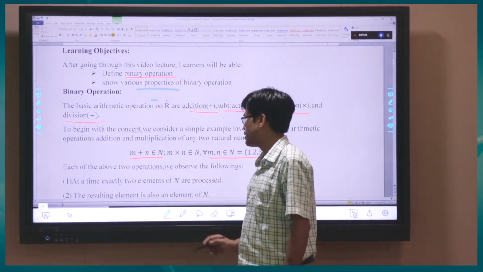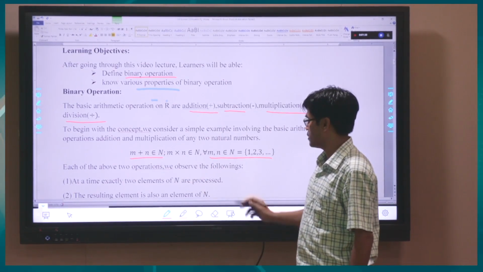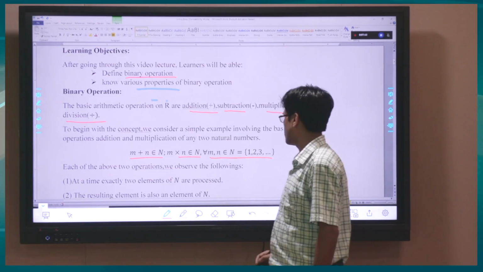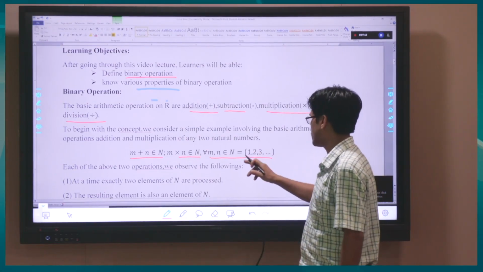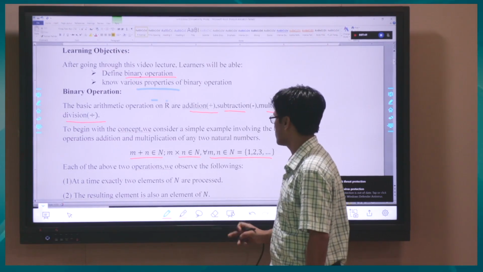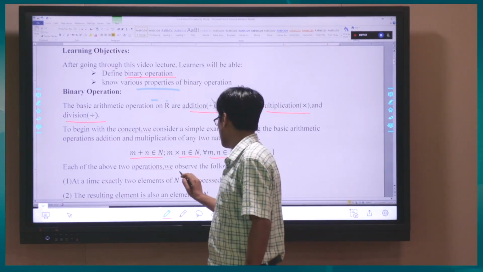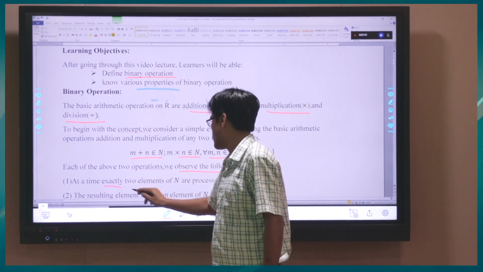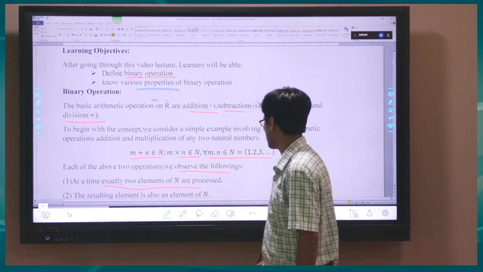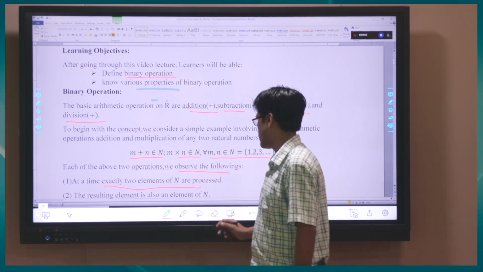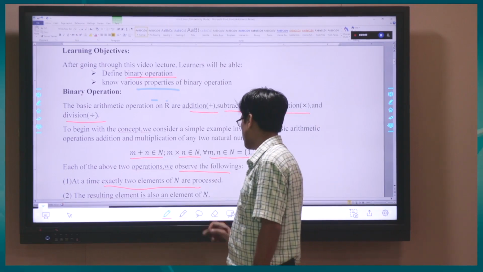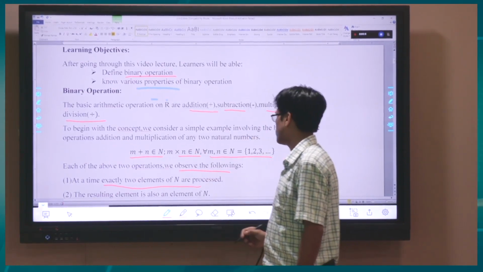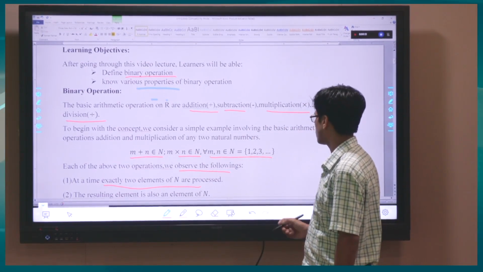So m plus n belongs to N, and similarly their multiplication also belongs to N. From these two operations, addition and multiplication, we observe the following results. Here at a time exactly two elements of N are taken. There are two elements m and n, and the resulting element is also an element of N. Here m plus n belongs to N, and m multiplied by n also belongs to N.